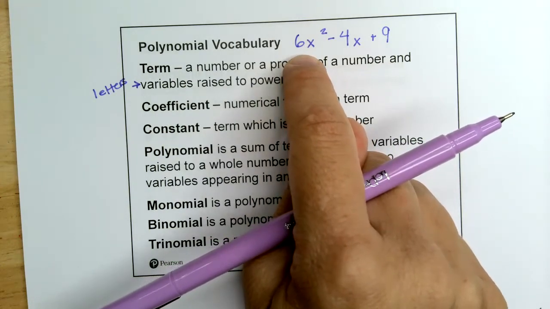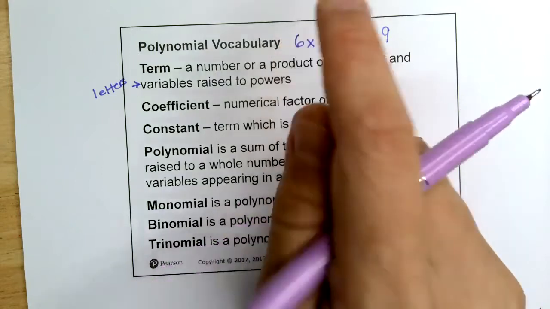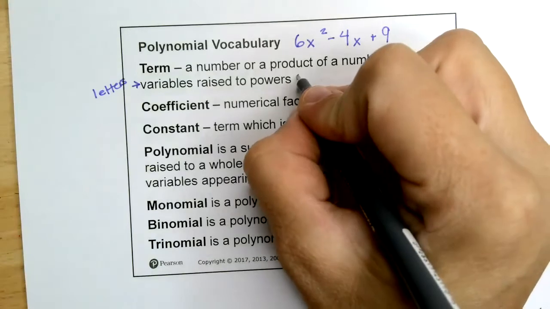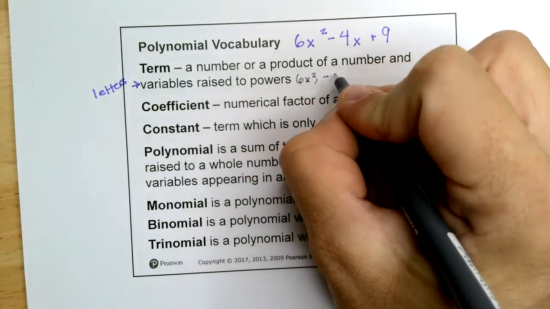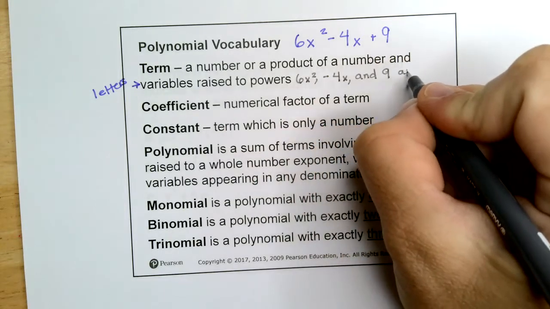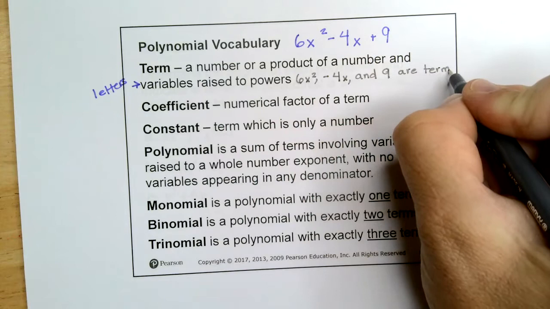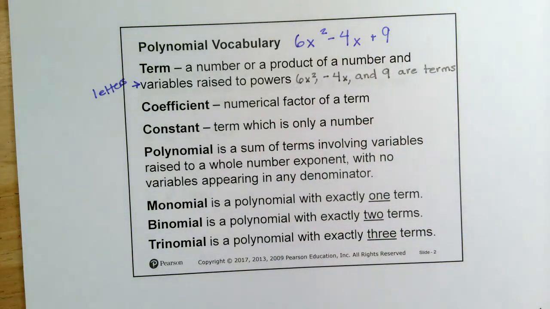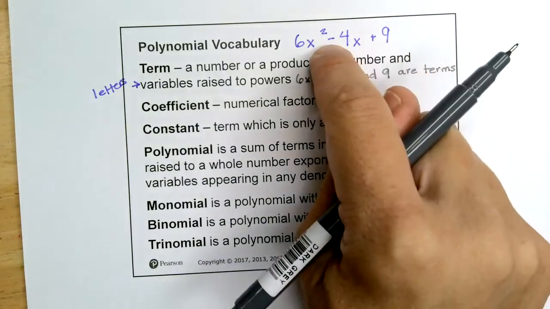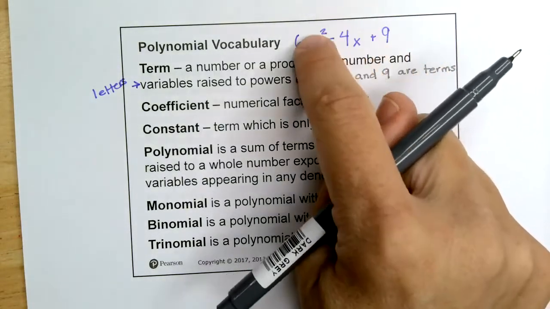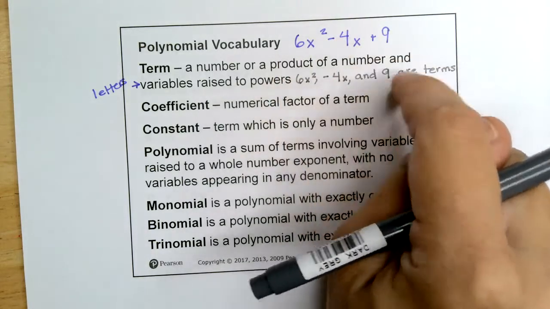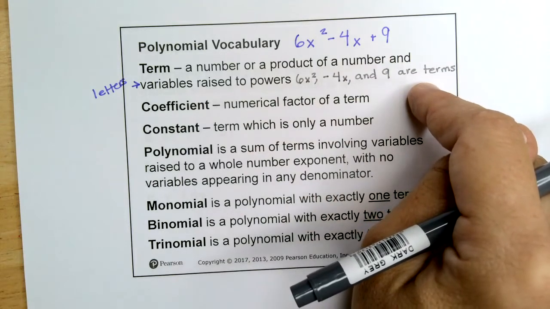So this polynomial has 3 terms: 6x squared, negative 4x, and 9. The plus tells you it's a positive number, and that minus means it's a negative, so always bring the sign with it. So 6x squared, negative 4x, and 9 are the 3 terms of this polynomial.